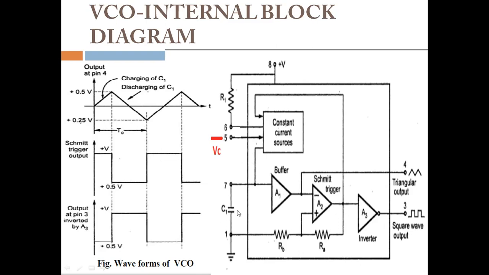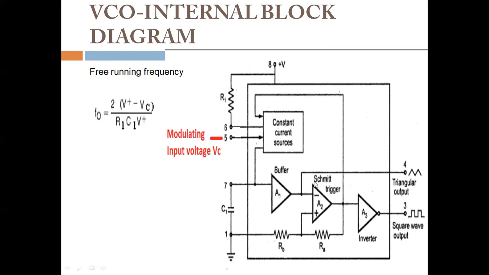The capacitor voltage is designed to change from 0.5 VCC to 0.25 VCC, and the Schmitt trigger output changes from plus VCC to 0.5 VCC. Whenever the capacitor voltage exceeds 0.5 VCC, the Schmitt trigger output goes low, and whenever this value goes below 0.25 VCC, the Schmitt trigger output goes high. In that way, we can get the triangular wave and square wave at these output terminals.